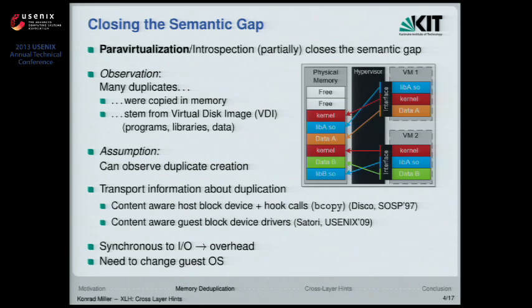often memory duplicates are created either directly in memory by copying with calls such as memcpy, or they actually stem from the disk, and those would be files, or, for instance, programs or libraries, or even data that is processed. And the assumption in these types of systems is that you can actually observe duplicates being created.